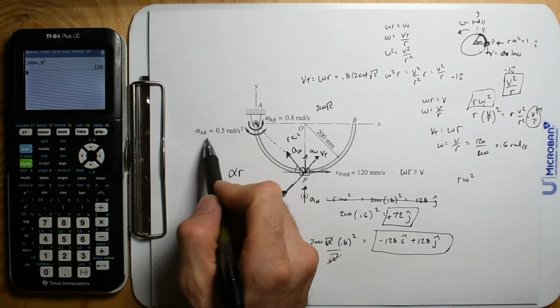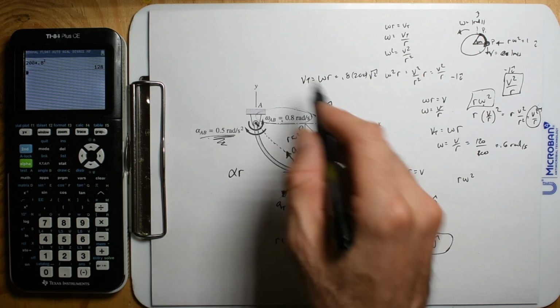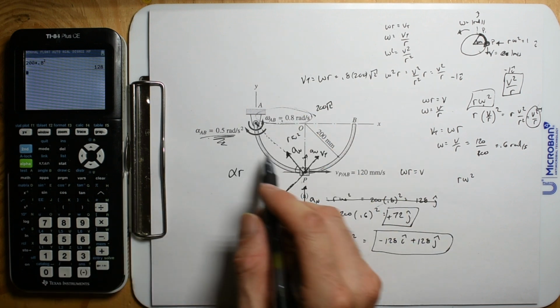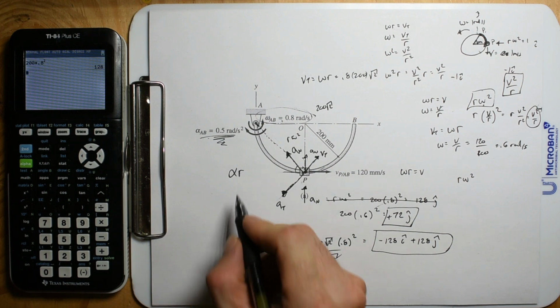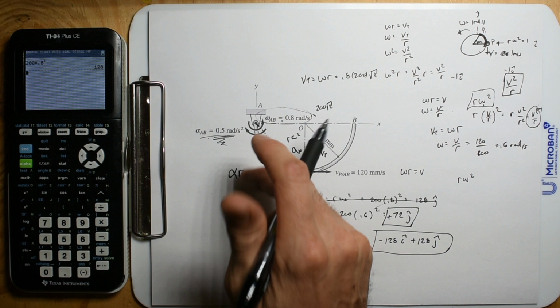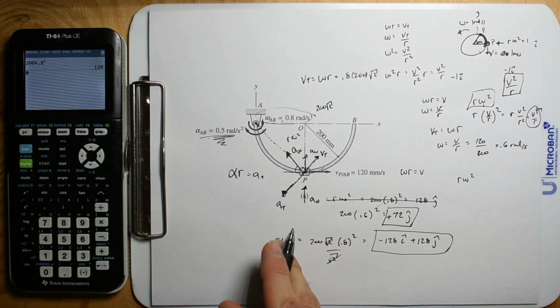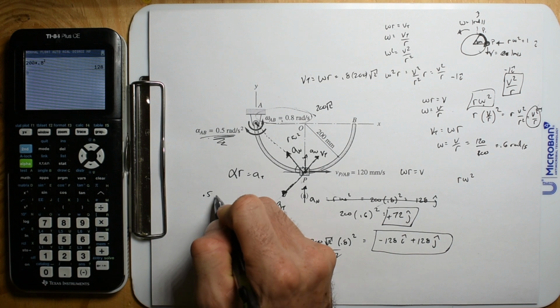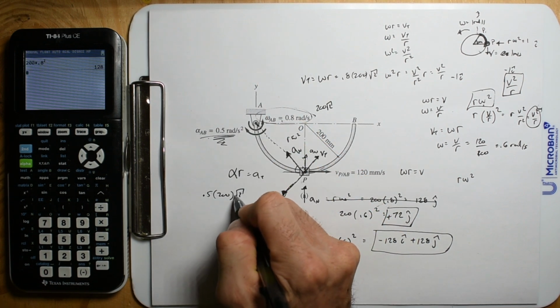There's just so many problems that don't have a slowdown of speed. Usually speed is constant. Angular speed is constant. Not on this one. It's slowing down in this direction. So we're going to have radians per second squared times radius, which is something normal. That's acceleration tangential. So we're going to have 0.5 times this radius, which is 200 square root 2.